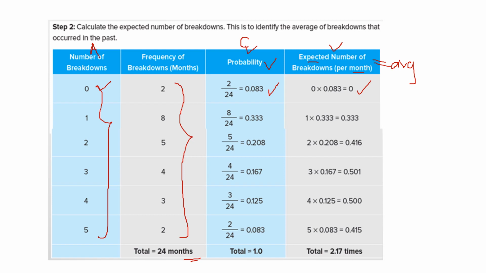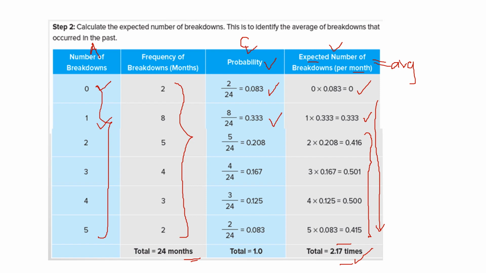Then you do the same thing for the next number of breakdown 1, multiply with the probability that is in column C, and you'll get this answer. And you do until end of the data and calculate the total for all this. Okay, carikan ataupun add up all the answers, and you will get this answer 2.17 times.